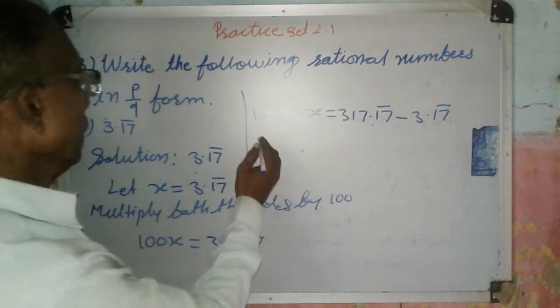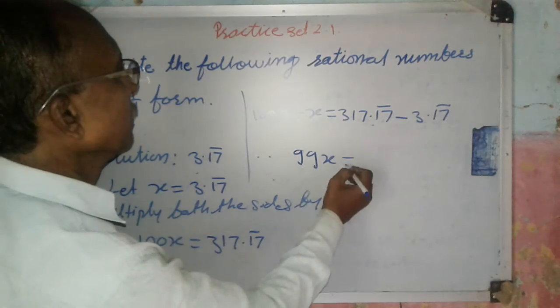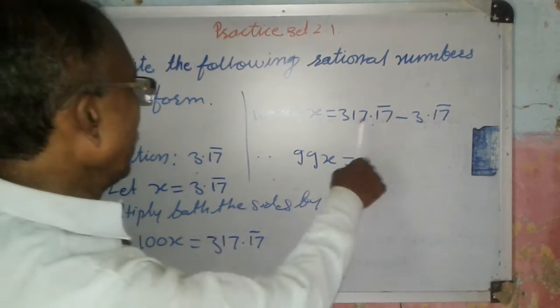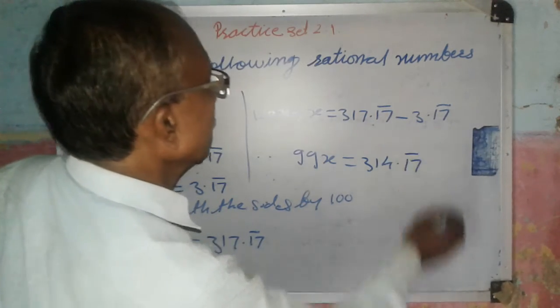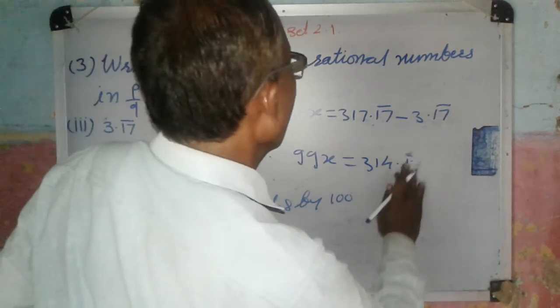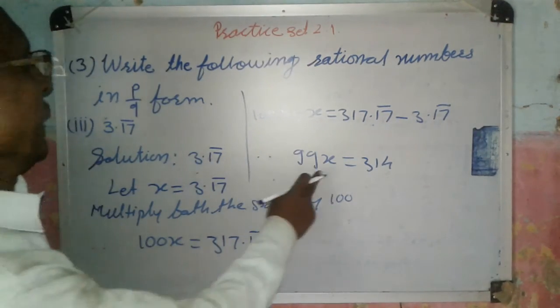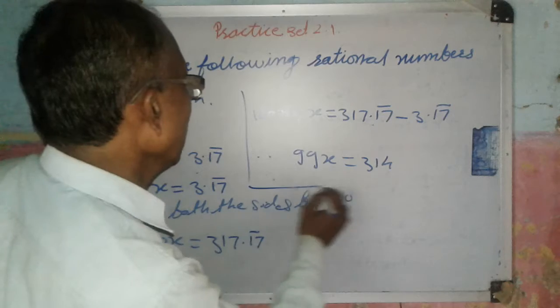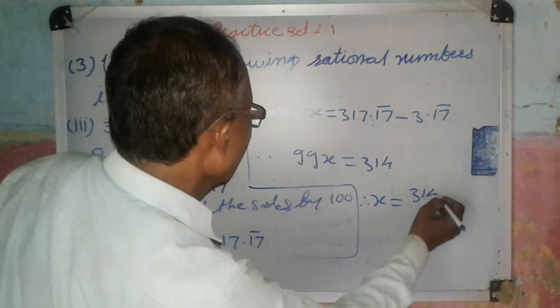So here 100x minus x we get 99x, and in this subtraction we get 314. So 99x is equal to 314, and therefore x is equal to 314 upon 99.